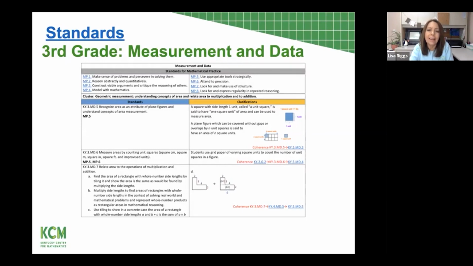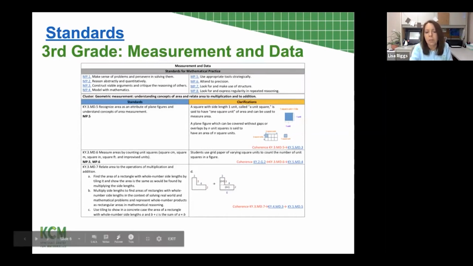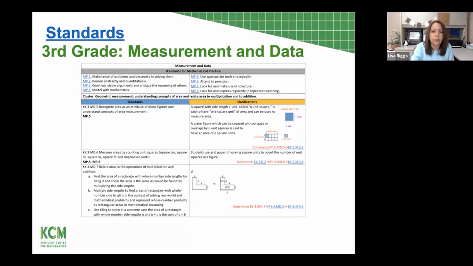And as we look at area as an attribute, and being able to do things like tile and figure out what is the square area. So it's 3MD5, 3MD6, and 3MD7 are all related to area, and how that also relates to multiplication and addition as we look down at 3MD7.